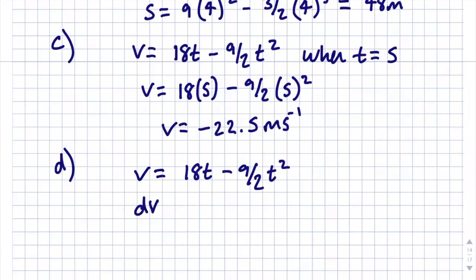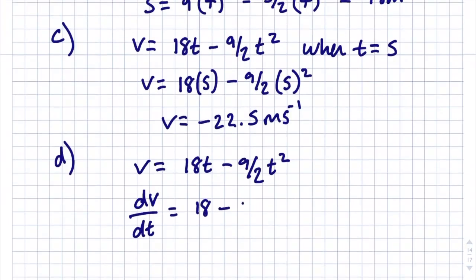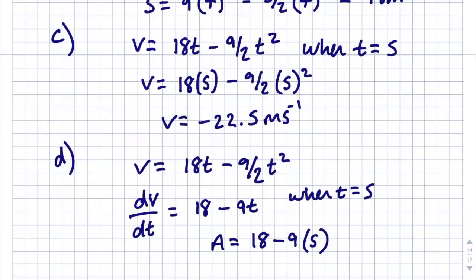If we do dv by dt, which is equal to the acceleration, we get 18 minus 9t. Then when t equals 5, because that's 1 second before the student catches it, our acceleration is going to be equal to 18 minus 9 times 5. If we simplify that, we get minus 27 meters per second squared. So that's our final answer.